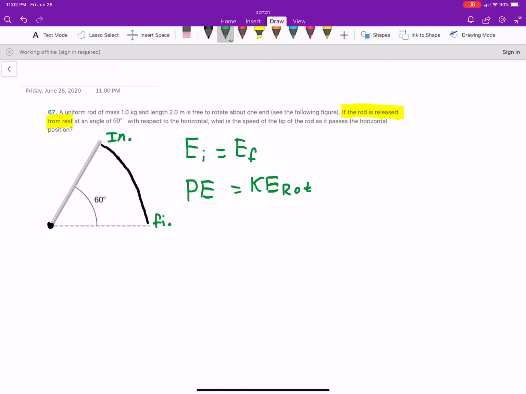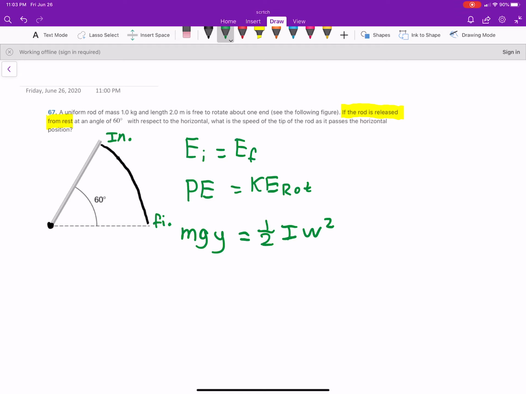It's not moving and spinning, it's just spinning. So let's set this up. We know that potential energy is mgh, which I'll just call y. And our rotational kinetic energy is 1/2 I omega squared.